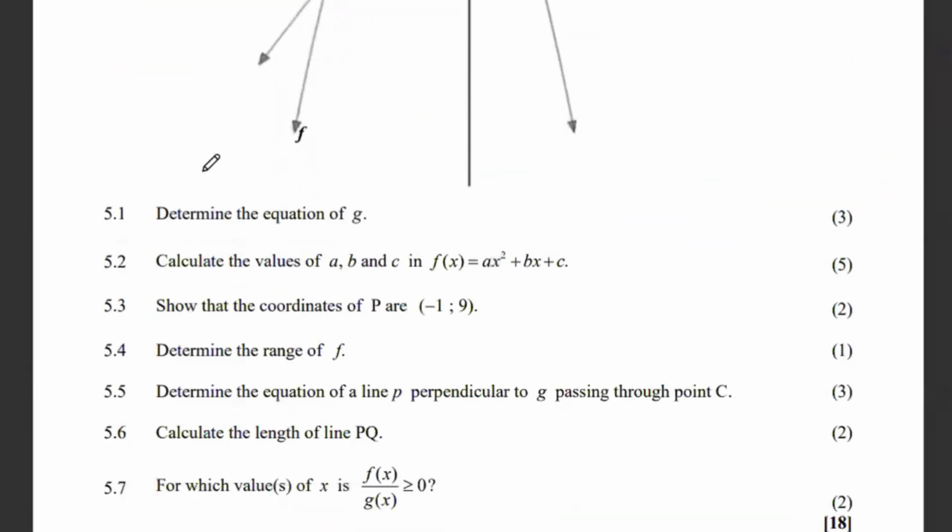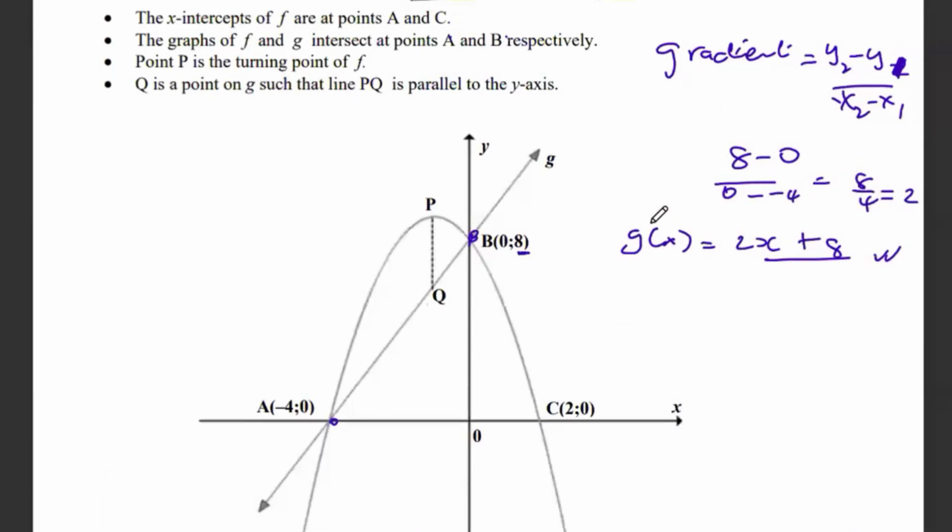Then 5.2, they want us to get the values of a, b, and c in the form of ax squared plus bx plus c. What do we know? We have the intercepts. So we can use the intercept approach: a into x minus x1, x minus x2 is equal to y.